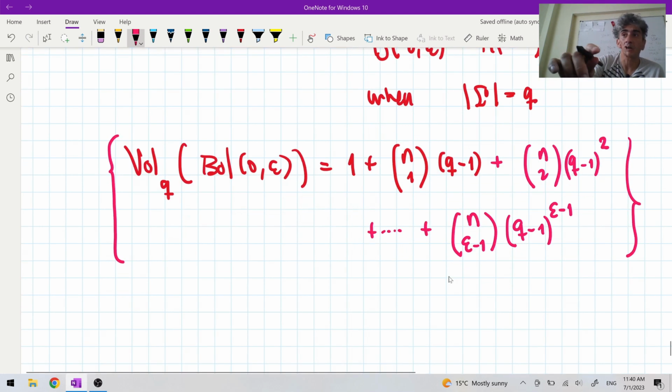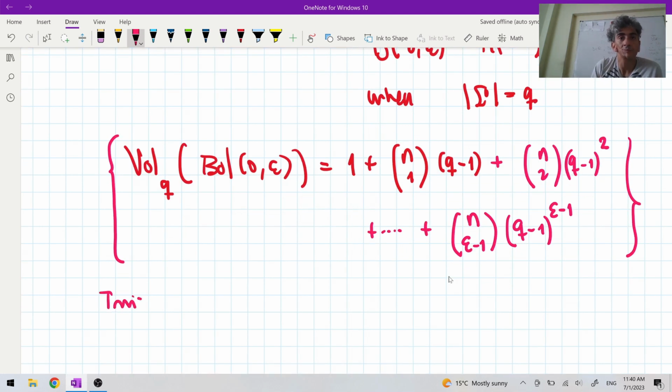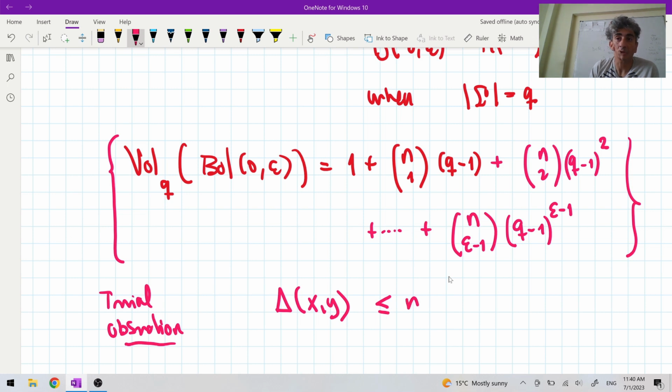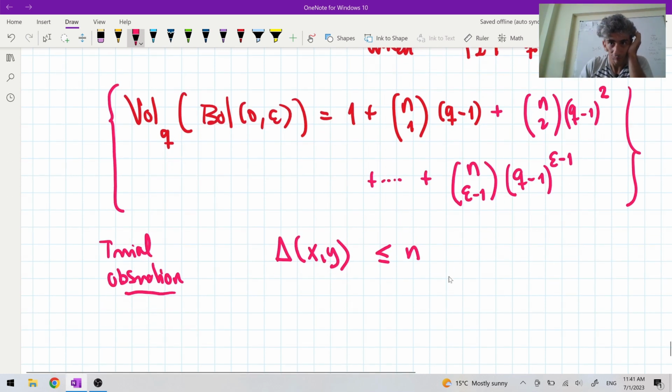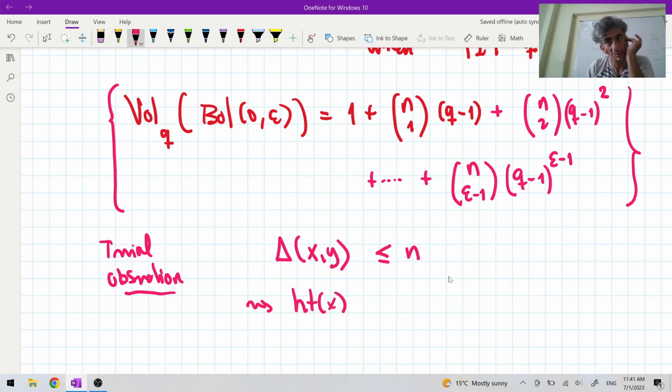One trivial observation is that the distance between x and y is at most the block length. If the vectors have n slots, at most they differ in all places. The distance is at most n, which in turn gives that the height of an element is bounded by n. Okay, this is trivial observation 1.